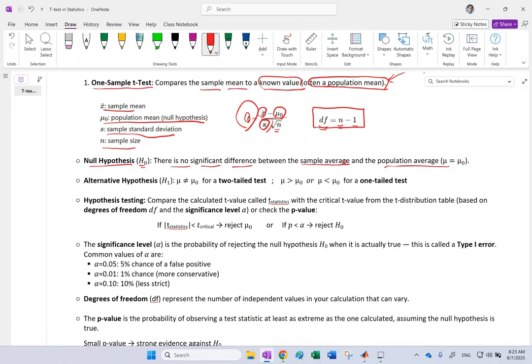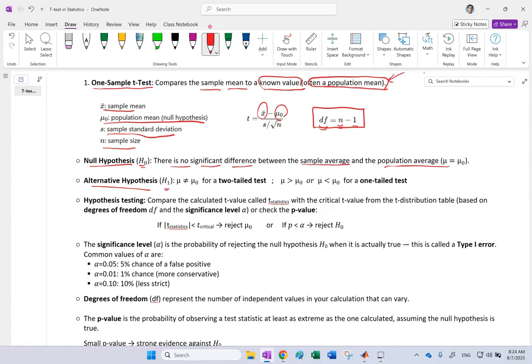Okay? In the one sample t-test, the hypothesis is that between the sample and the population, on average, they are not really significantly different. They are almost the same thing. This is your null hypothesis. You assume they are the same. The alternative hypothesis, or H1, is no, they are not the same.